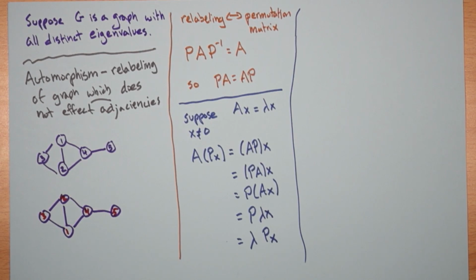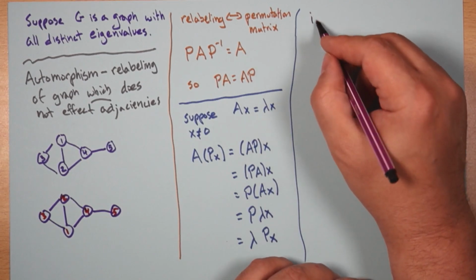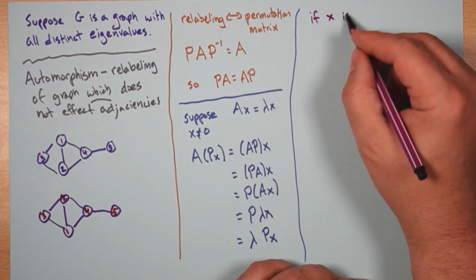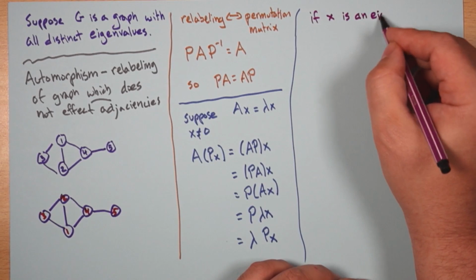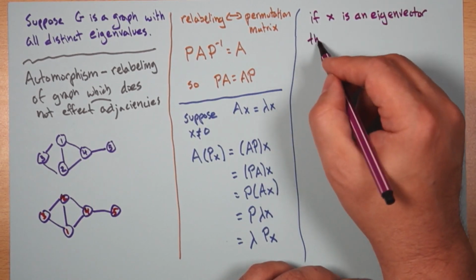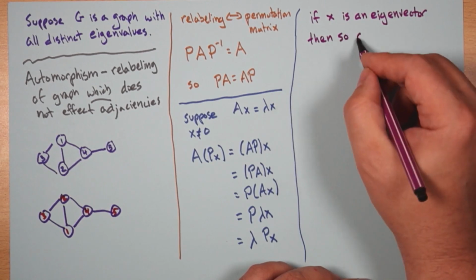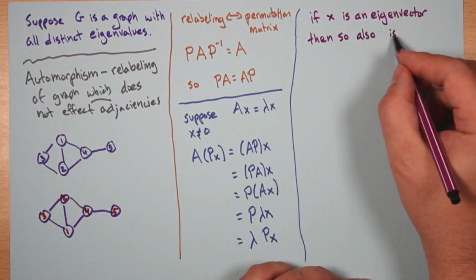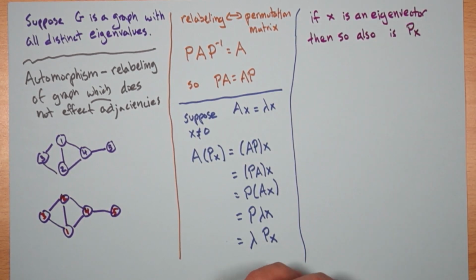Well, what it tells us is that if we have an eigenvector, and remember, that's what x is, our eigenvector, then we have more eigenvectors. So in particular, if x is an eigenvector, then so also is Px.